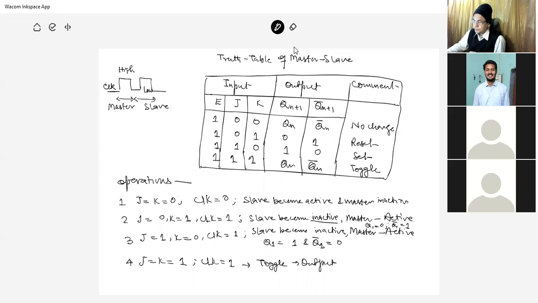Output of master, which is active, toggled, and slave inactive.